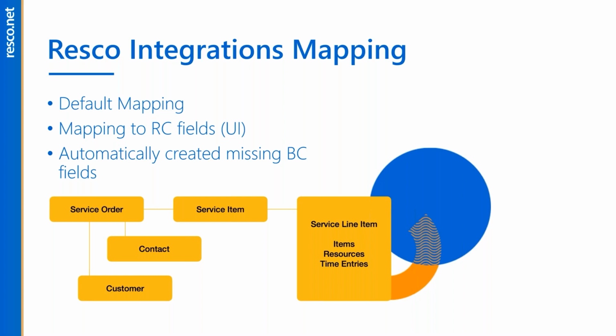As a default mapping we did the service order, linked contact and customer, service items, obviously, and there are also some additional things like service item lines, items, resources, time entries, and all this kind of stuff, which are also needed in Business Central for creating an invoice and so on in the ERP system.